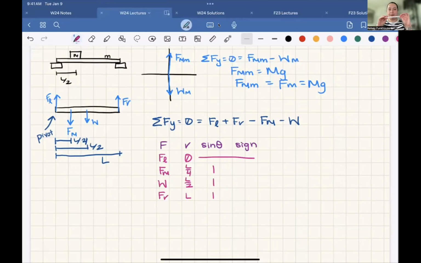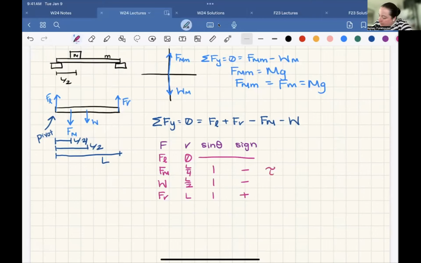So I'm pinching it where the force on the left side acts, and then you just pull or push where the other forces are acting. So we'll just go in order. FM is pulling down, so is the weight, and those are both going to make it rotate clockwise, which is negative. So these are negative, and then FR is up, and that's counterclockwise, so that's positive.